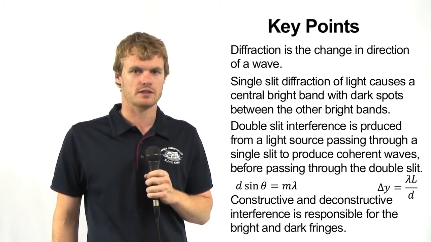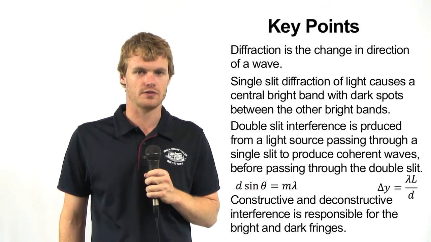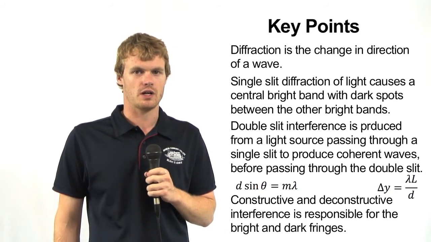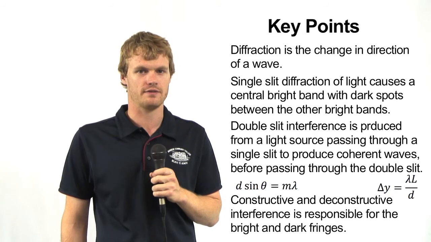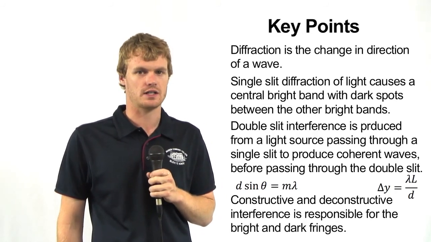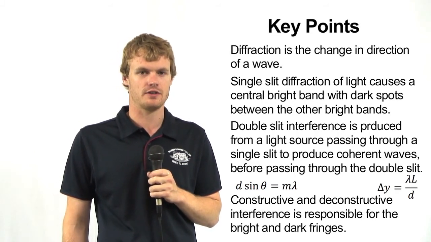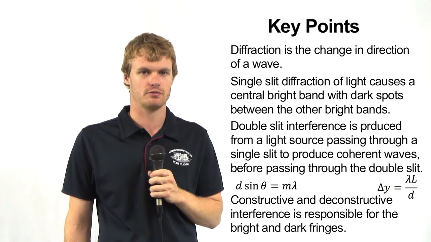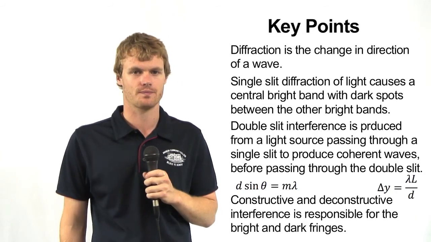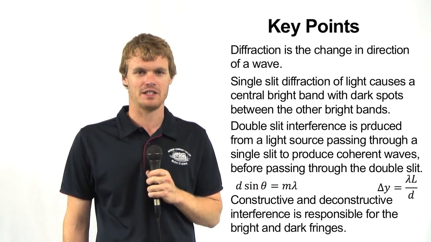Wherever we have crests meeting other crests, we get constructive interference. Wherever we have a crest meeting a trough, we have destructive interference. This leads to our bright fringes and our dark fringes on our screen. Wherever we have constructive interference, we have the bright spots. Wherever it's destructive, the dark spots. So hopefully you learned something about the interference of light.